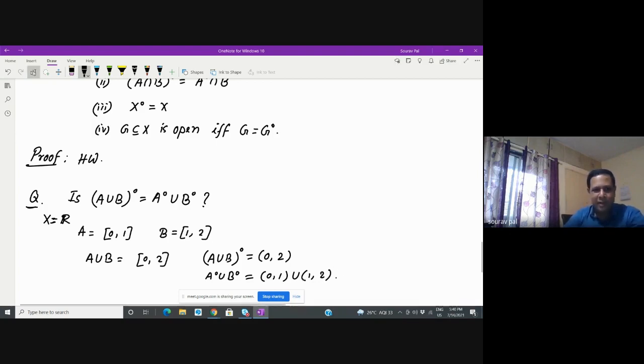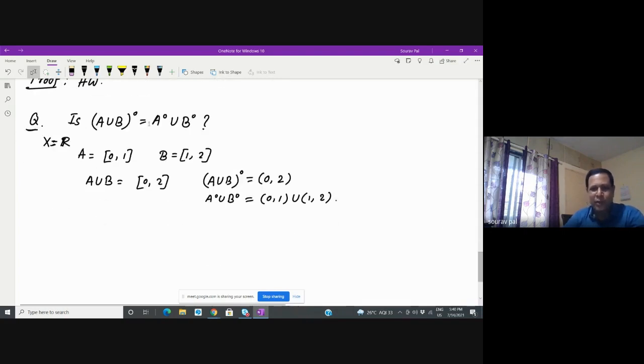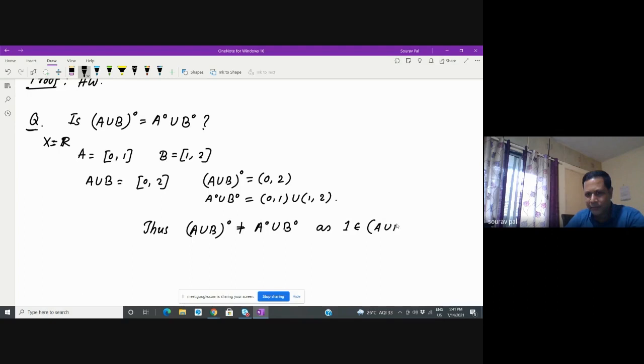So we are missing one point. Thus the interior of A union B is not equal to A interior union B interior, as 1 belongs to the one but does not belong to the other. So the answer is no.